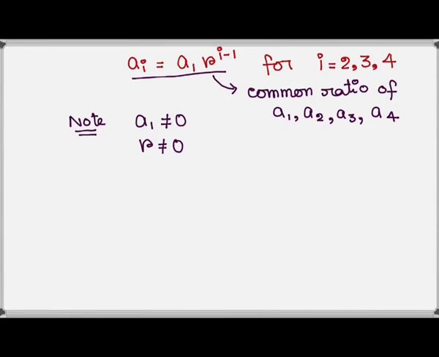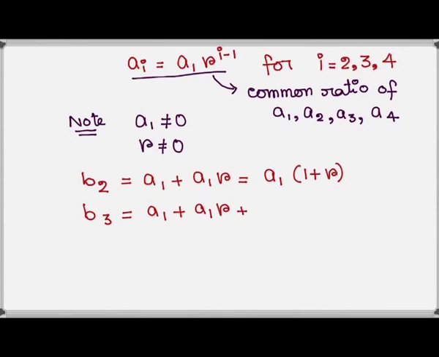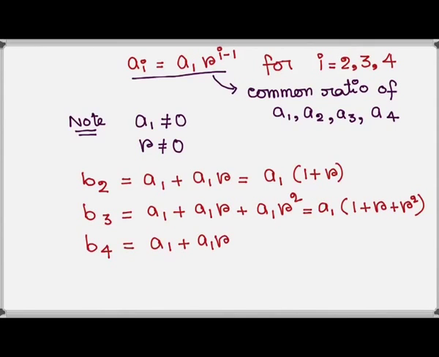Using this, we obtain B2 is equal to A1 plus A1R, which is A1 into 1 plus R. B3 is equal to A1 plus A1R plus A1R square, which is same as A1 into 1 plus R plus R square, and B4 is equal to A1 plus A1R plus A1R square plus A1R cube.